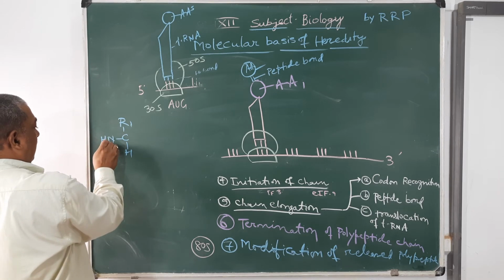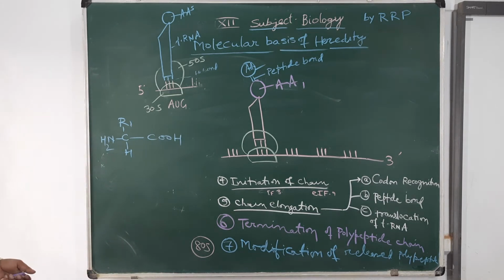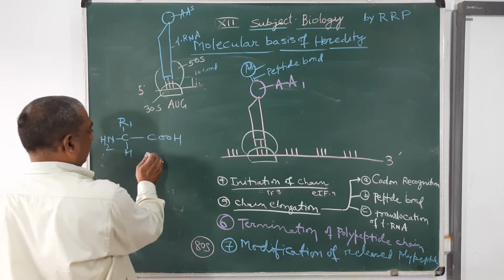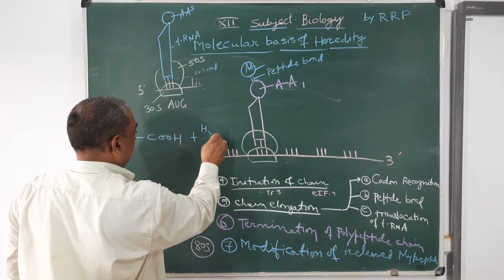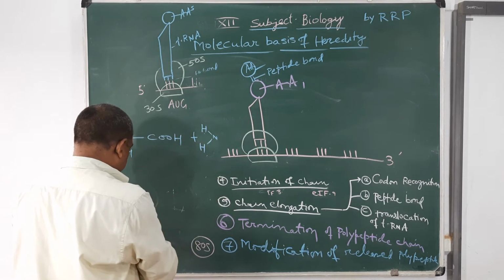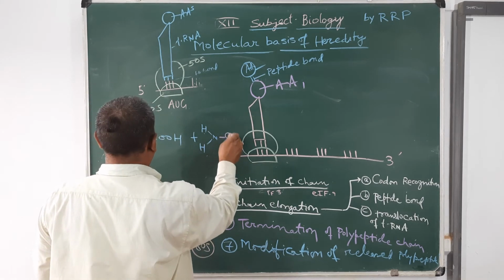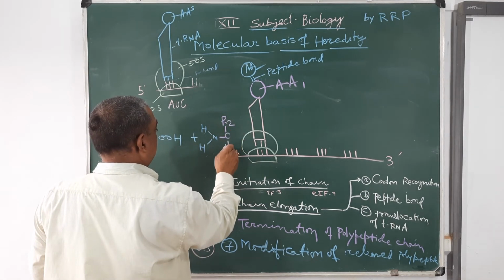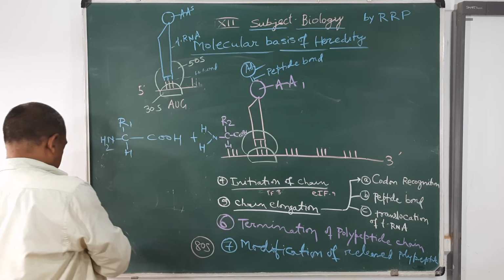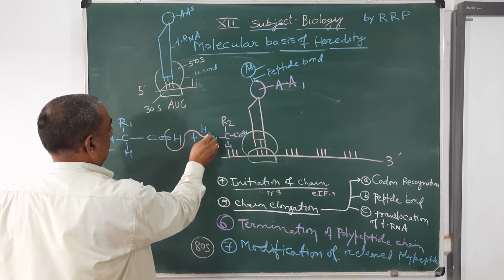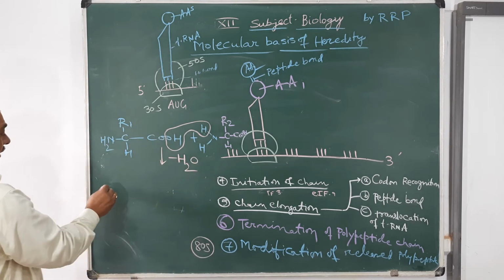Between the amino group and carboxylate group, one amino acid is characterized by 2 functional groups. Suppose the first amino acid is joined with another amino acid, so a peptide bond is formed. With the next amino acid, one molecule of H2O is released and the bond is formed.